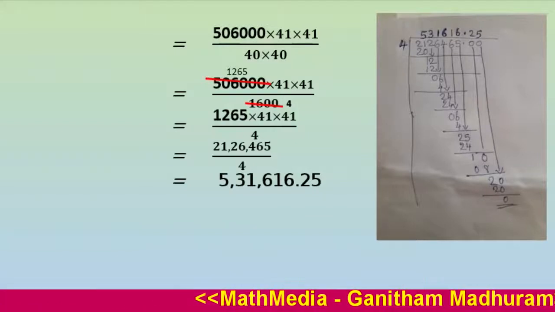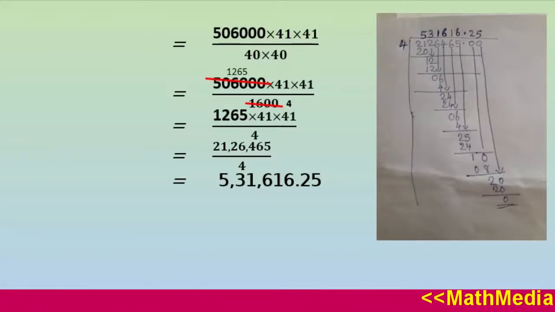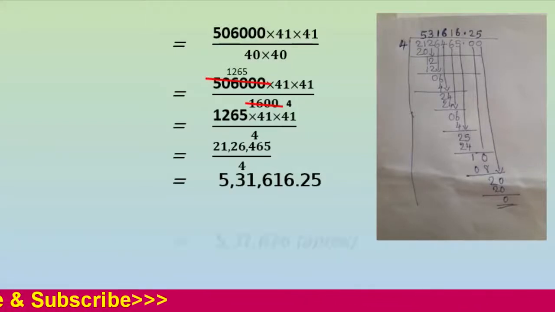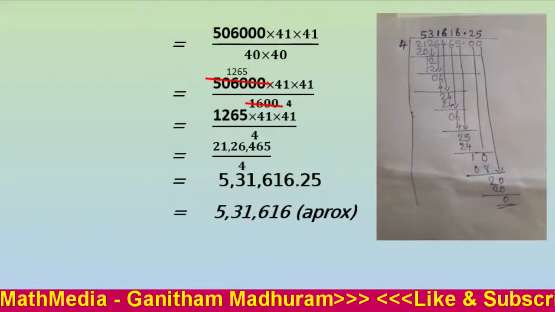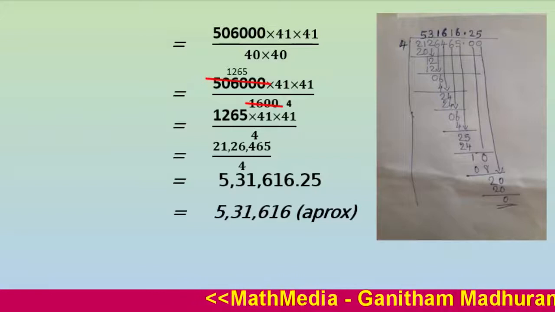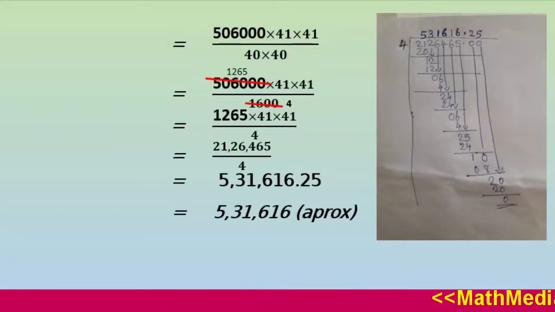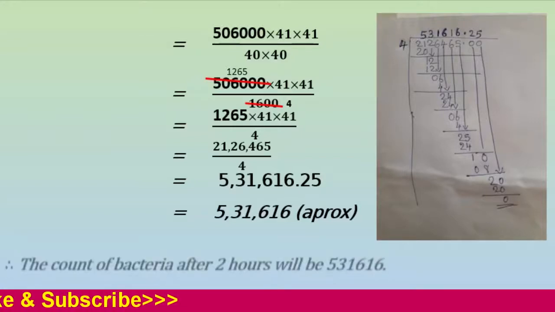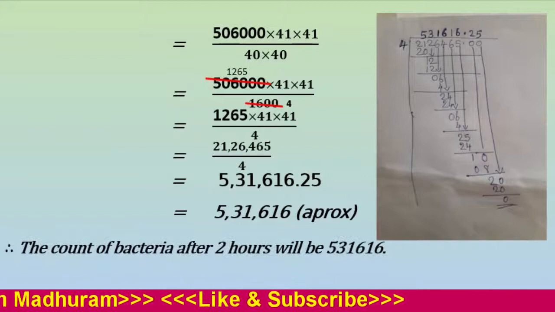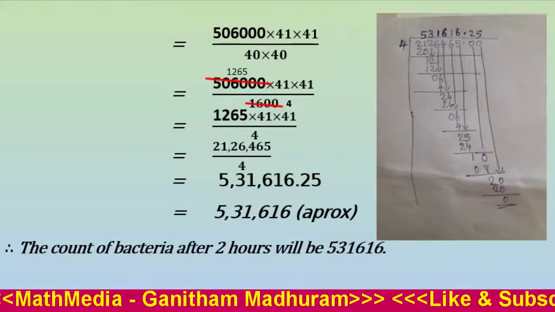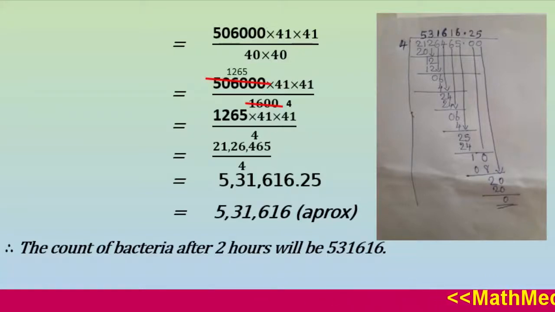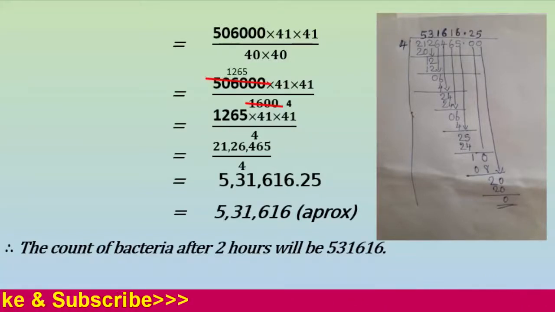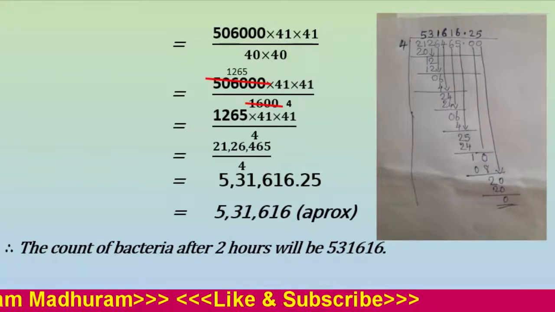As the first decimal digit is less than 5, we are not considering it. So we get the answer as 5,31,616 approximately. Therefore, the count of bacteria after 2 hours will be 5,31,616 approximately.